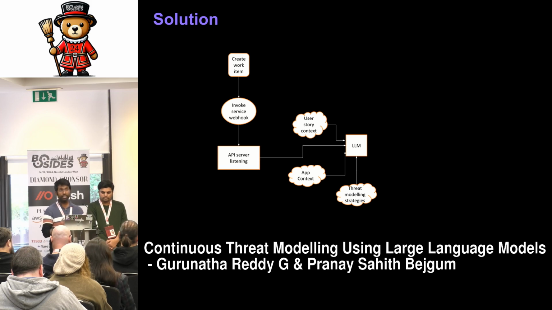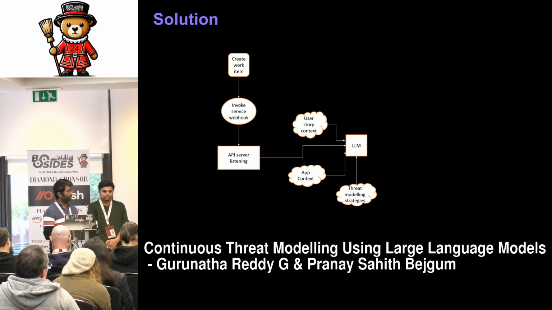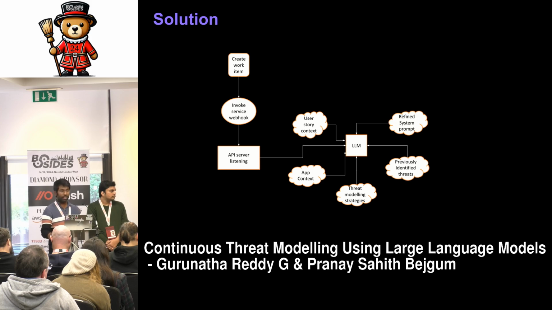If we give that as an input, it works even better, so the LLM knows which variety of threats are possible in such user stories. We send the previously identified threats, combining all this information with a refined system prompt.